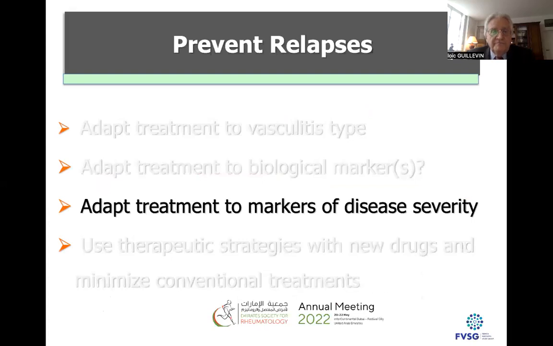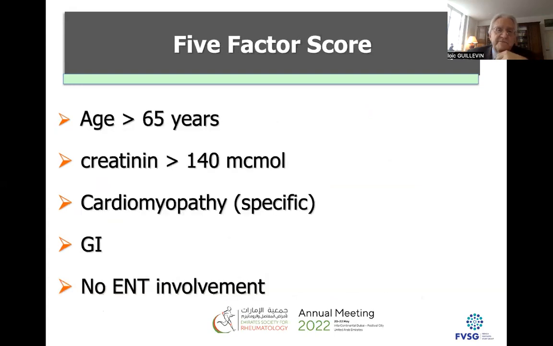What to do? To adapt the treatments to markers of disease severity. We have some markers of relapse, and we have identified some of these markers, but there is also some markers of severity. And the best is certainly the 5-factor score.